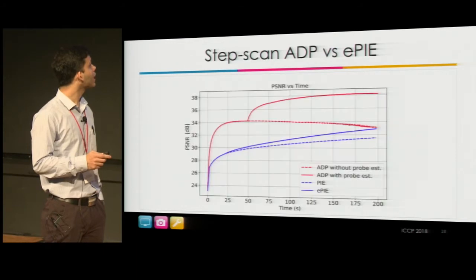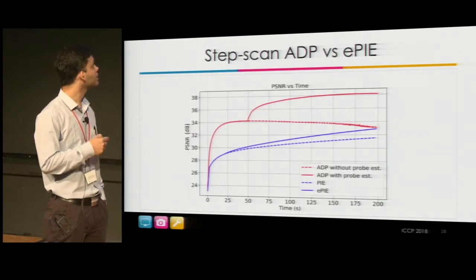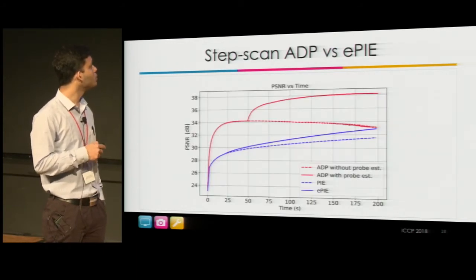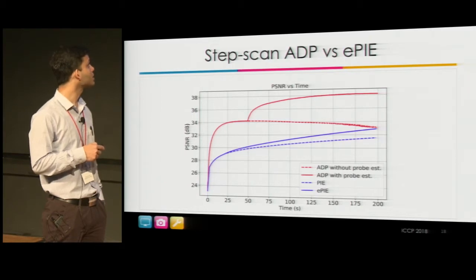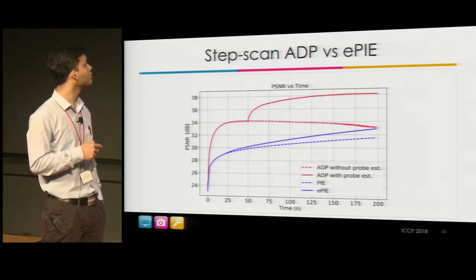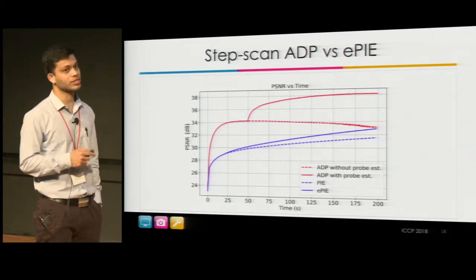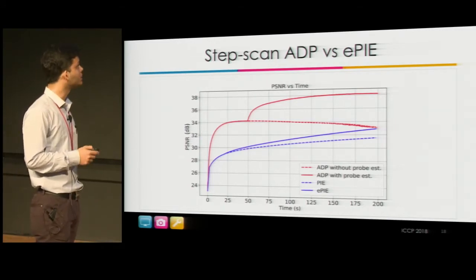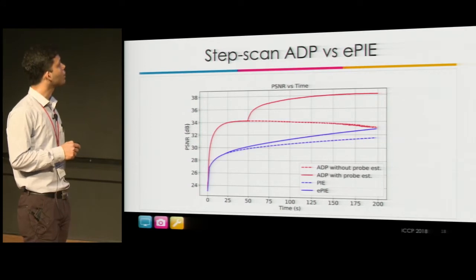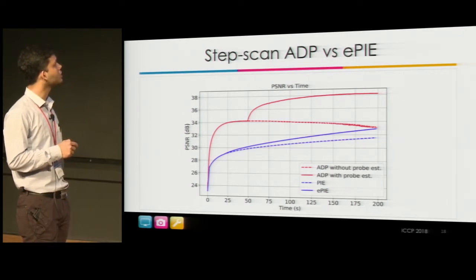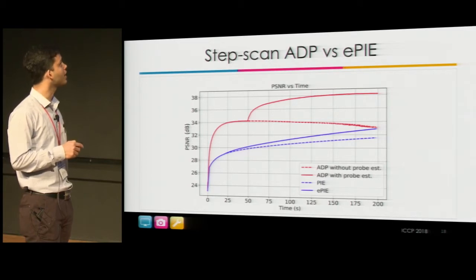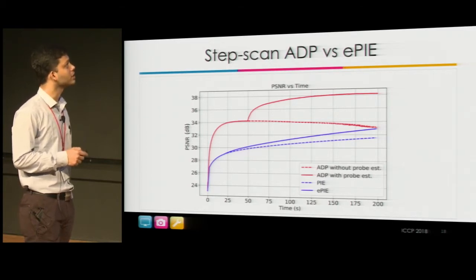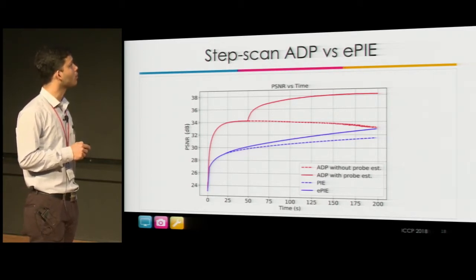So what does it look like? In this graph, you can see that the blue lines are the pi algorithms, and the red ones are the AD algorithms. The dashed ones are without probe retrieval, and the solid ones are with probe retrieval. And you can see that once you converge and you start retrieving the probe as well, you actually converge to a higher PSNR in dBs as compared to without probe retrieval.